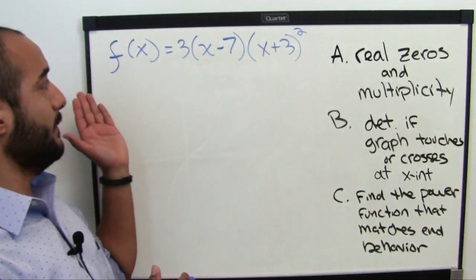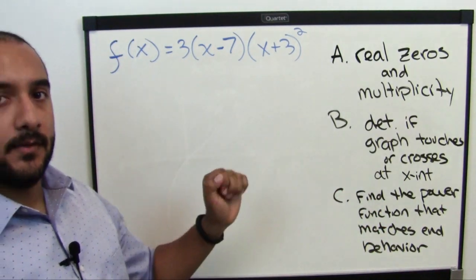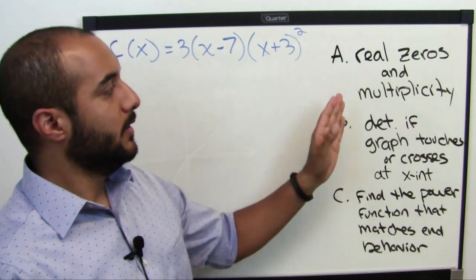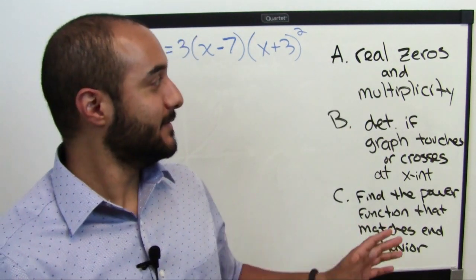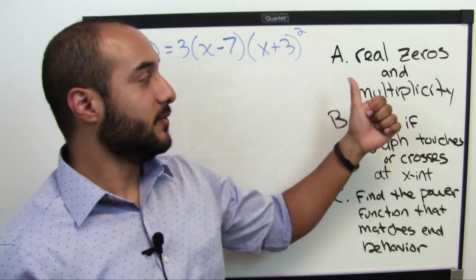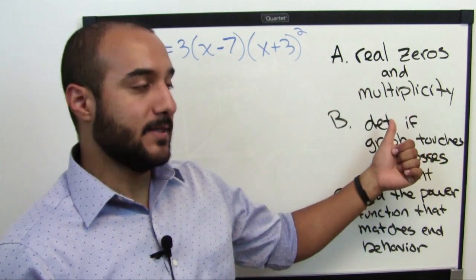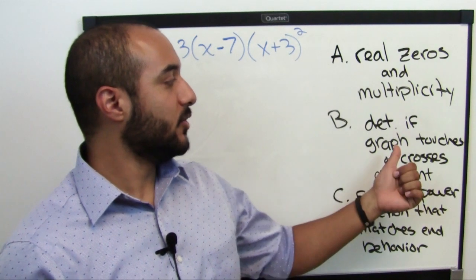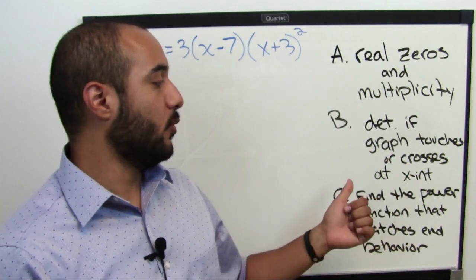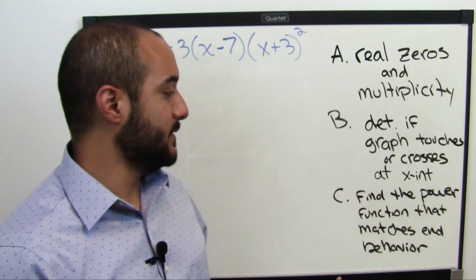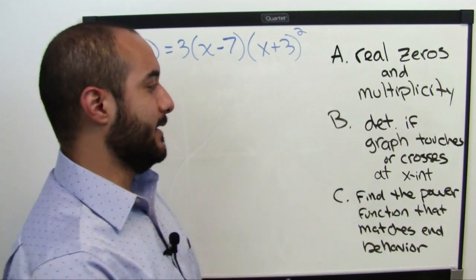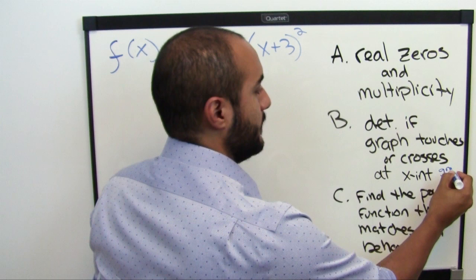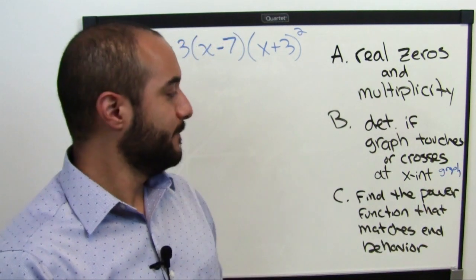So for this problem, this is what I would like you to find out. There are 3 different parts, so it'll be long, so make sure you pause this. A, find the real zeros and their multiplicity. B, determine if the graph touches or crosses the x-intercepts, and do me a favor, graph that too, so we can make a nice visual.